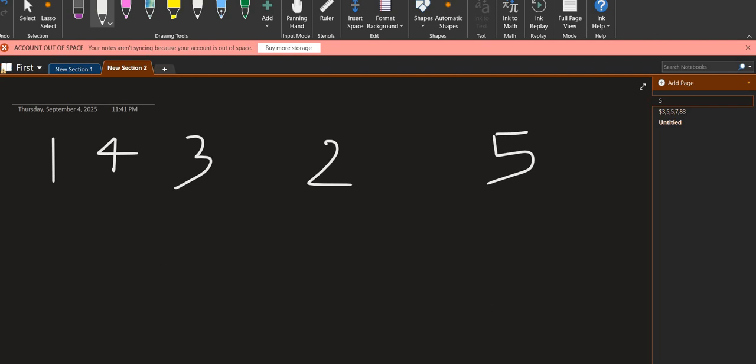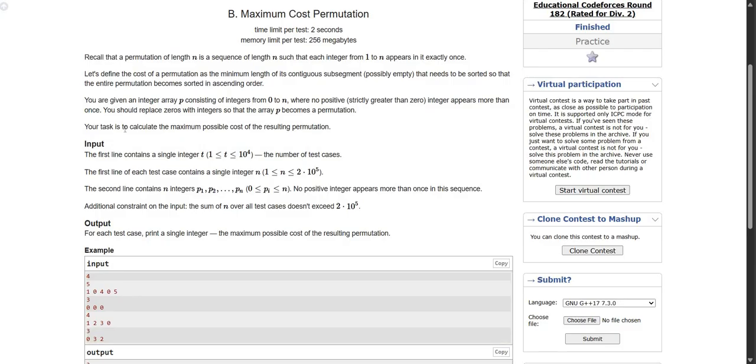The problem defines the cost of a permutation as the minimum length of its contiguous subsegment that needs to be sorted in order to sort the entire permutation.